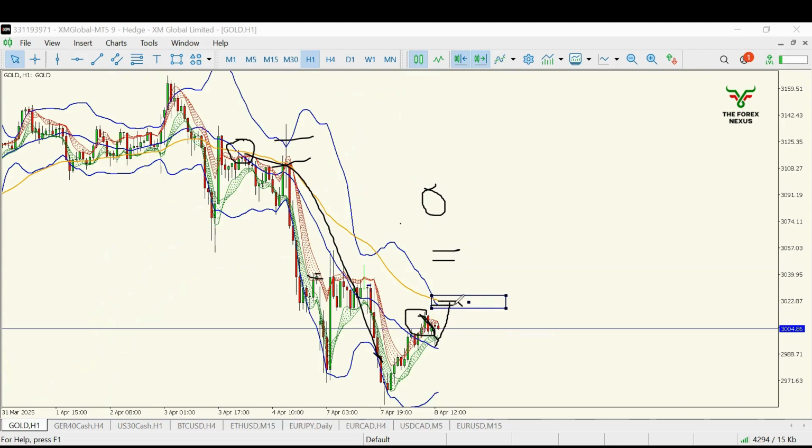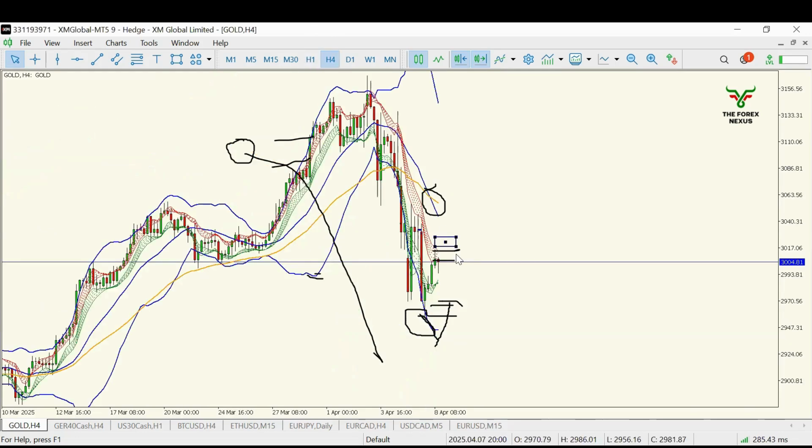Once the market reacted to this zone, at this point, first we will catch a nuclear setup on H1 time frame. But remember, ZZL is formed on both time frames, H4 and H1. So now H4 is very fresh, active, very fresh. So what we can expect here, let me explain step by step.